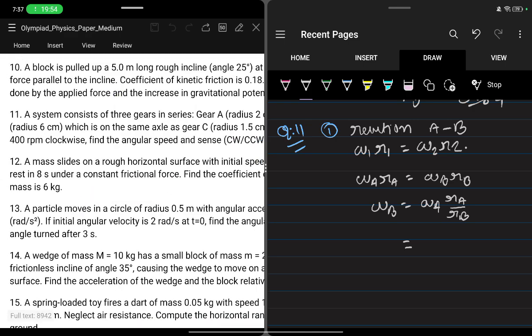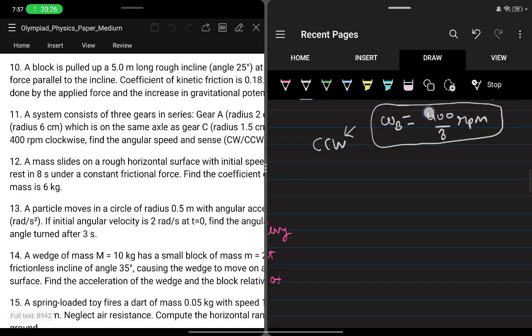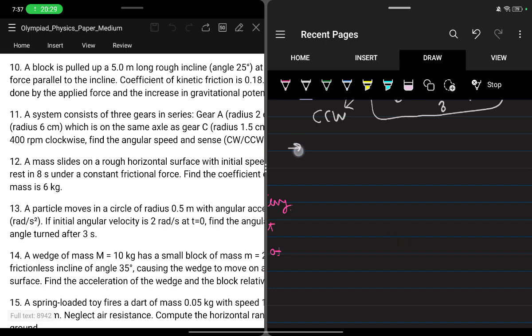So 400 RPM multiplied by the radii, which are given, 2 centimeter upon 6 centimeter. So it would be how much? 400 divided by 3 RPM. This is the angular velocity of gear B. Since gear A rotates clockwise, gear B rotates counterclockwise, okay?